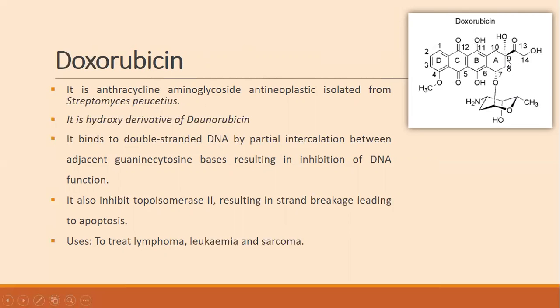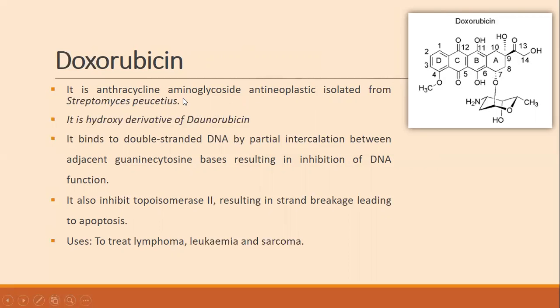Here at position 9, there is a carbonyl group attached to an alcohol moiety, CH2OH. In daunorubicin, this carbonyl group is attached to an alkyl group. So this is the basic difference. The entire structure, rings A, B, C, D and the amino sugar glycosidic linkage, is the same.